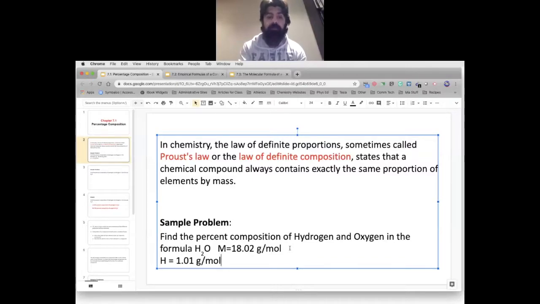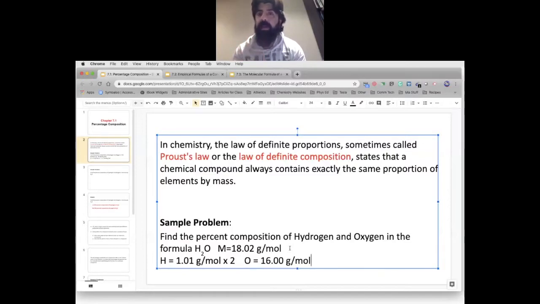But there's two of them, so we're going to multiply that by 2. And we have oxygen, which has a molar mass of 16.00 grams per mole. So when we add these two up, that's where we get our 18.